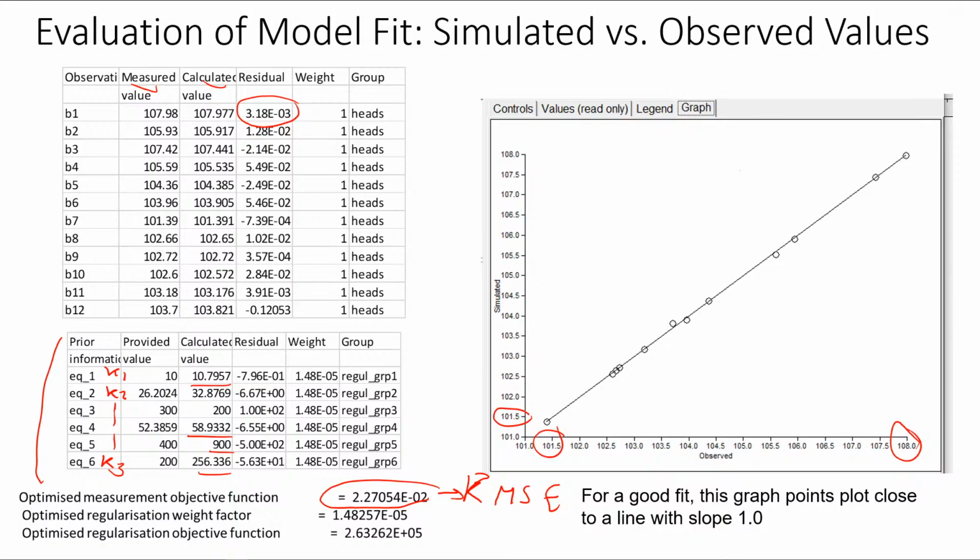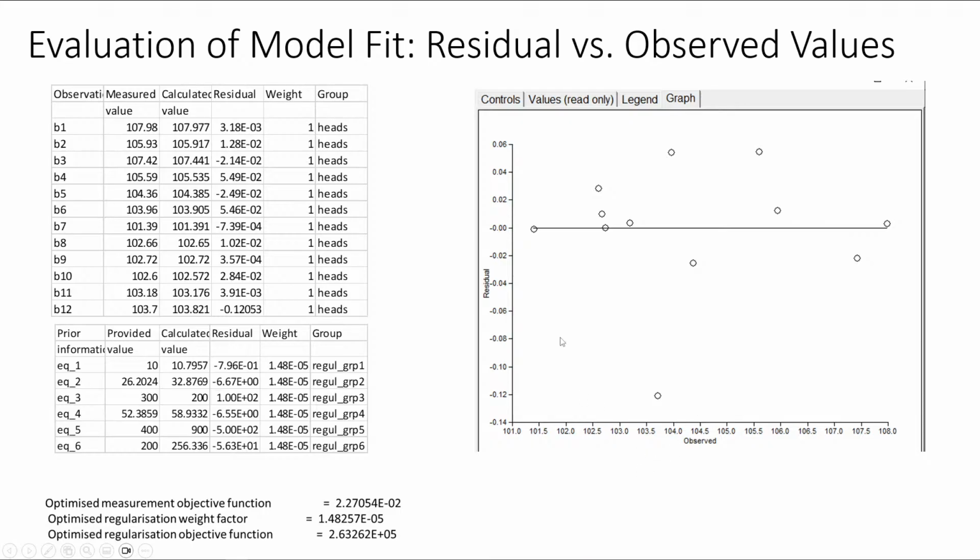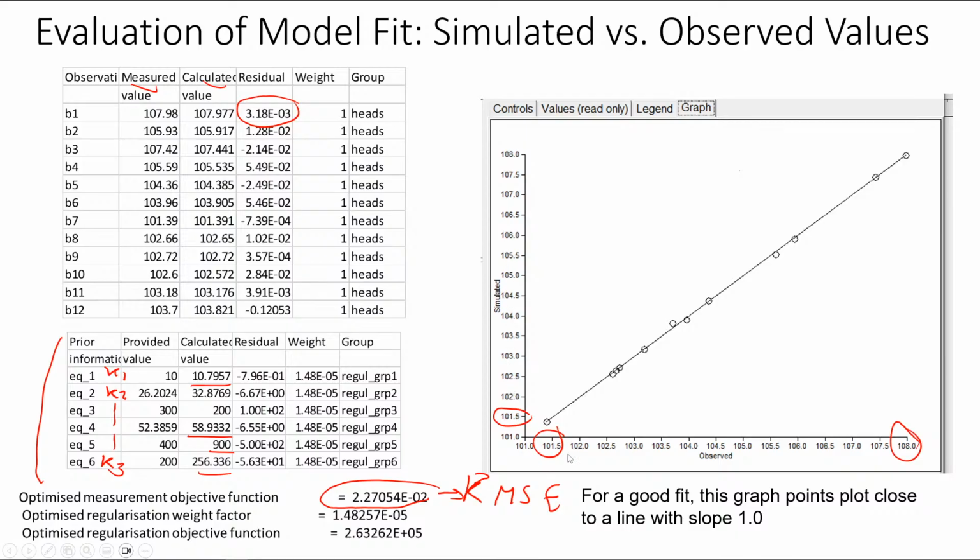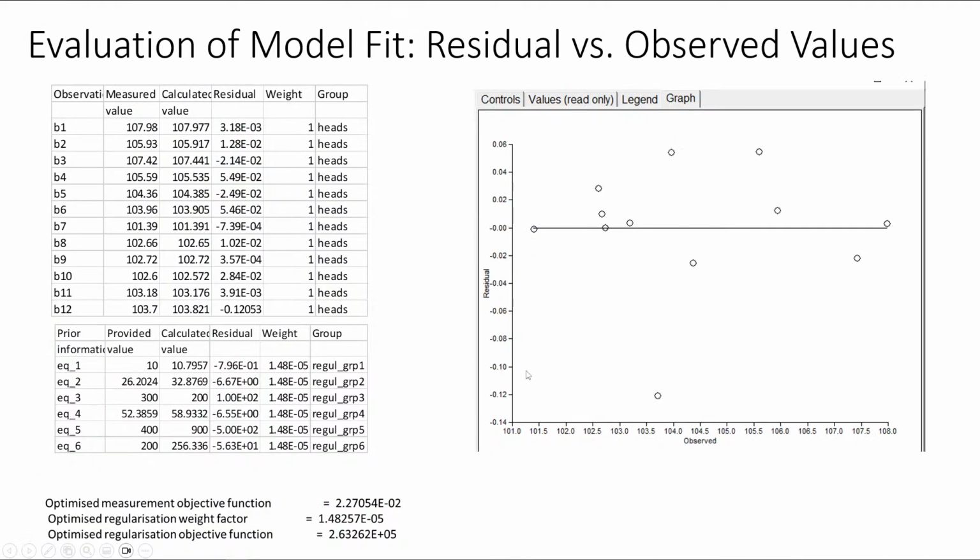I don't know if you can get this, but a better figure, instead of the simulated versus the observed, is to plot the residual versus the observed. Here I'm plotting the simulated value versus the observed value. Here I'm plotting the residual versus the observed value.